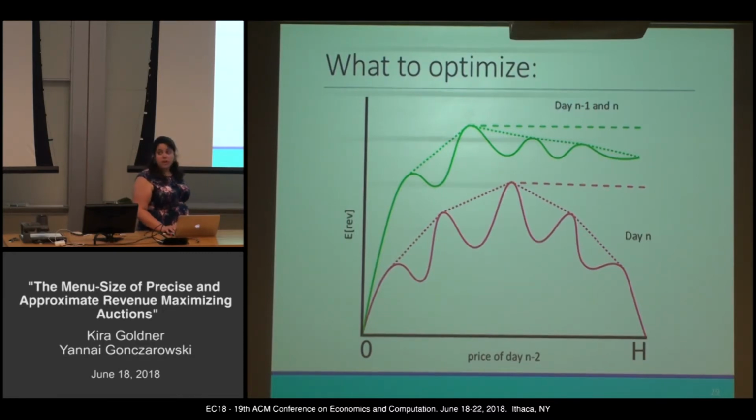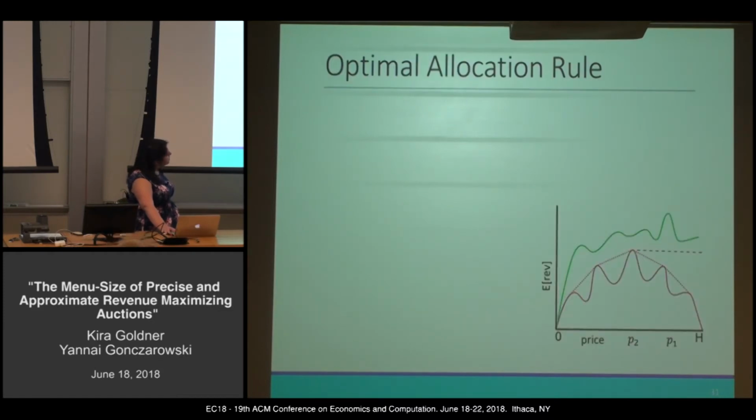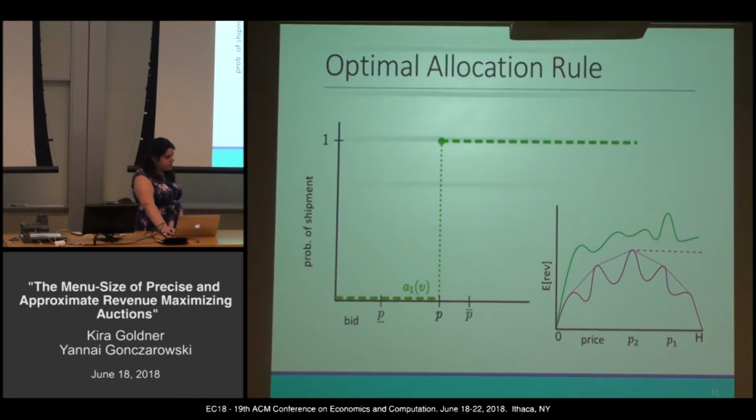Okay, what's the point? The point is, how many menu options do we need? Well, to set our actual allocation rule, what we do is we look at the combined curve for 2 days. We say, what's the best price to set for 1-day shipping? It's that peak. And so I will set exactly that. That's my allocation rule that says that I'm setting a price that should say P1.